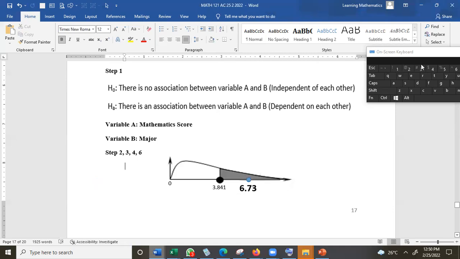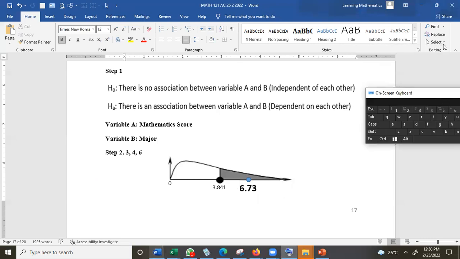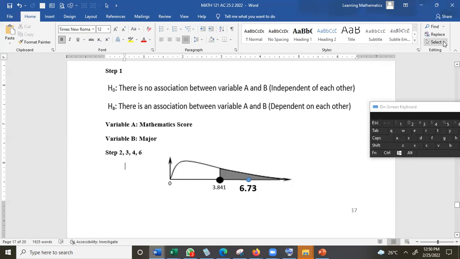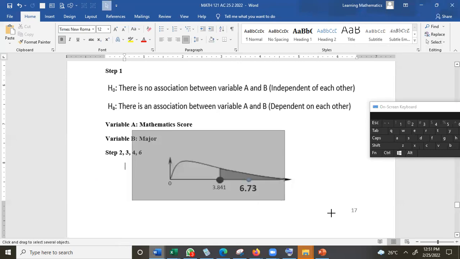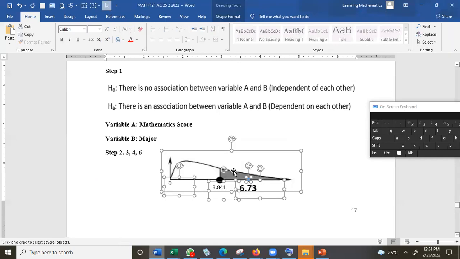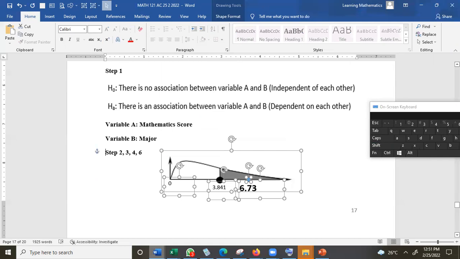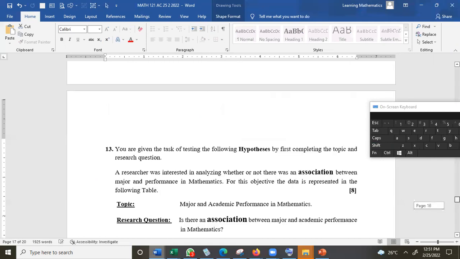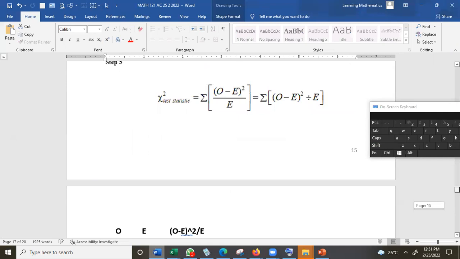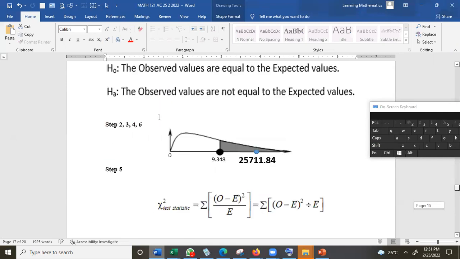What you can do, you can go to home, you can go to select, select objects, select this, and you can shift, right click and group it up so it can make one image. All right, so it wouldn't go all over the place when you're doing your stuff.